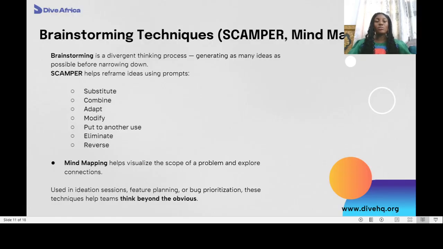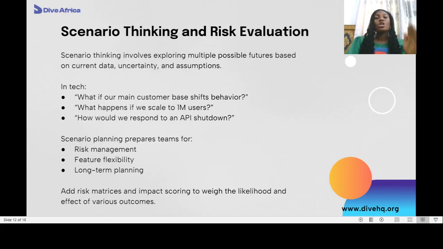These techniques help teams think beyond the obvious. So mind mapping helps you think beyond the obvious. It also helps with reflection, and works hand in hand with critical thinking. That is why it's very important that you develop critical thinking skills.